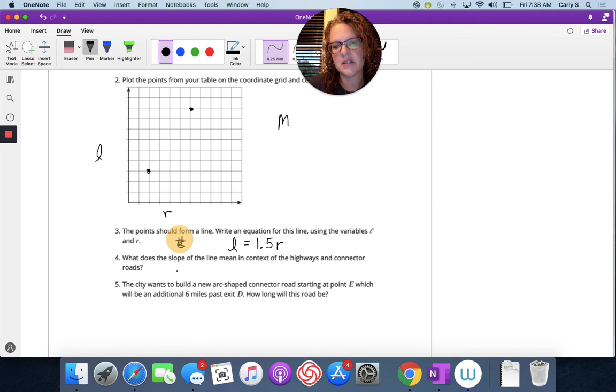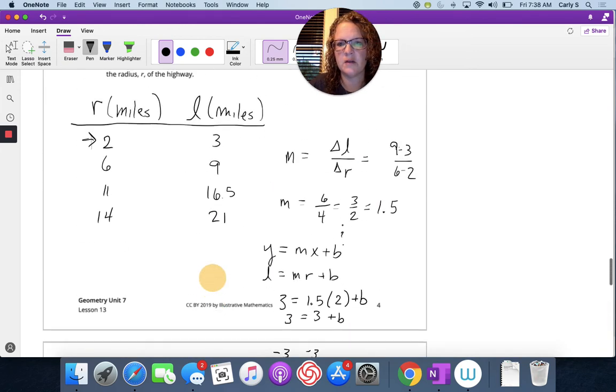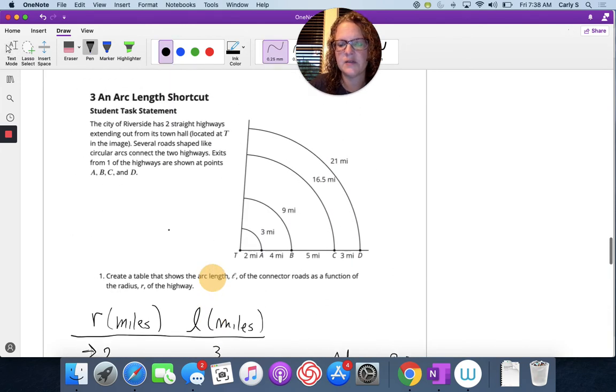What does the slope of the line mean in context of the highways and connector roads? My slope was 1.5, which is 3/2. This is my change in L over my change in R. So for every increase of arc length of 3, the radius increases by 2.